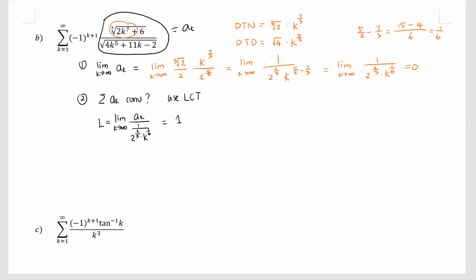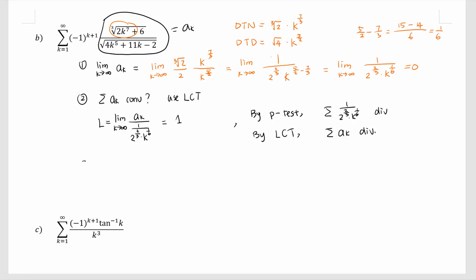This is how we get our p-series, by looking at the dominant terms of the numerator and denominator of a sub k, so they behave the same eventually. By the p-test, our p-series, the exponent 1/6 is less than 1, so the series diverges. And then by the limit comparison test, our series also diverges.